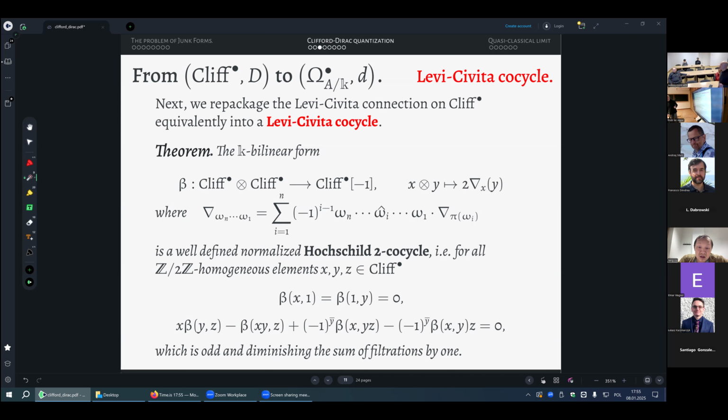Tomek, can I ask? In principle, this could be a Clifford algebra representation on differential forms itself. I will be careful because, of course, the Clifford algebra acts on itself.